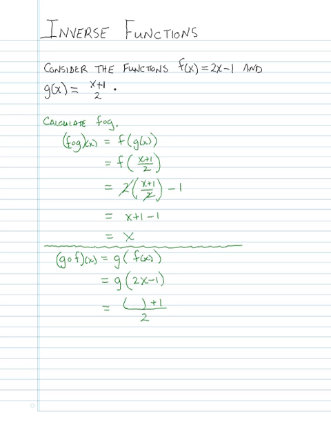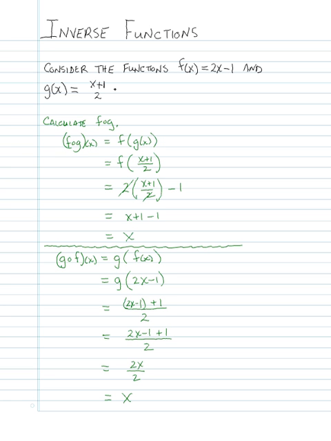And this time the input is 2x minus 1. So we see as we look at that numerator, we simply have 2x minus 1, then a plus 1, and that's all over 2. Well, in this case, 2x minus 1 plus 1 is just 2x. And when we divide 2x by 2, we certainly get x.